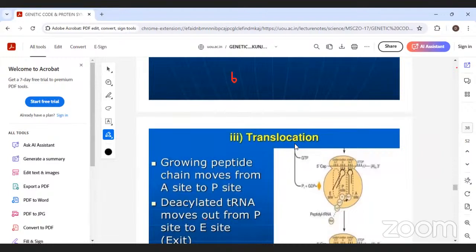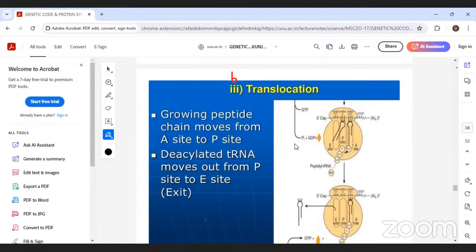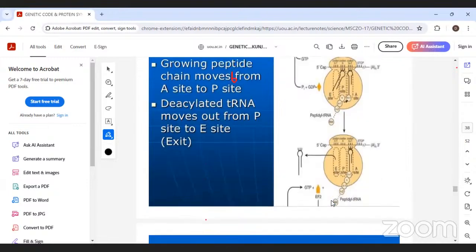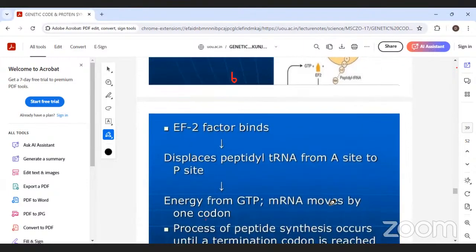This is the repeated energy use to form it. That is called translation. The growing peptide chain moves from the A site to the P site like this. A site, this one, P site. The deacylated tRNA moves out from the P site to the E site. E site, this site. The exit site is the E site.